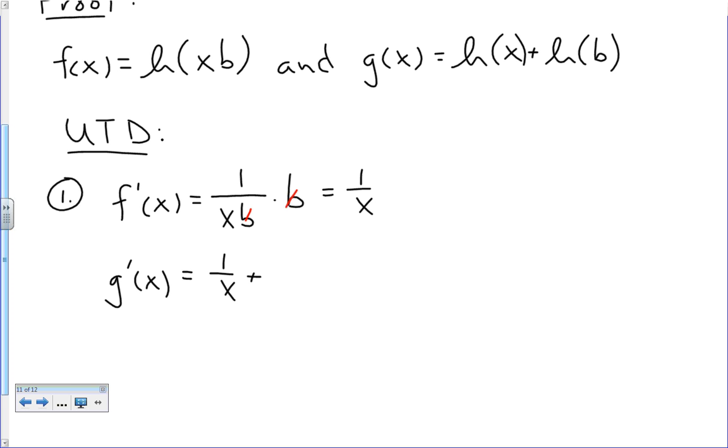And again, b is a constant, so the ln of a constant is just going to be another constant, so its derivative is 0. So this turns out to be 1 over x as well. So the first condition for the uniqueness theorem for derivatives is satisfied here. It turns out that f prime of x is equal to g prime of x.